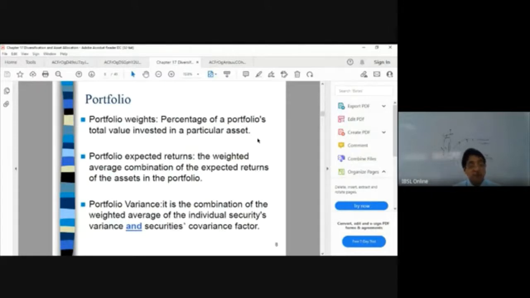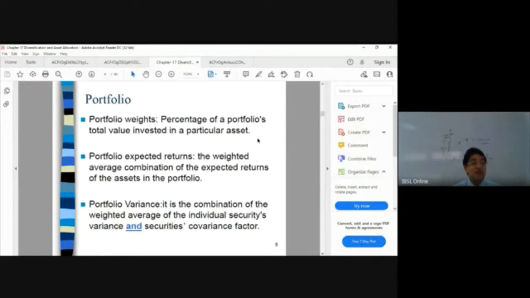Then the weight of one asset in the portfolio is 60 out of 200, and the other asset's weight is 140 over 200. As a percentage, it is 30% and 70%.